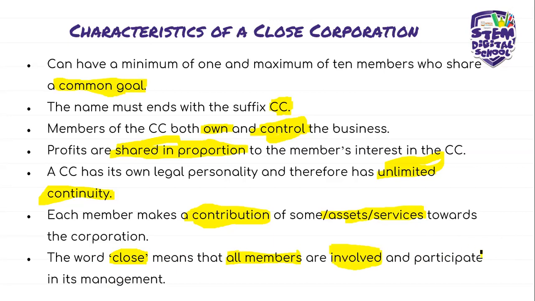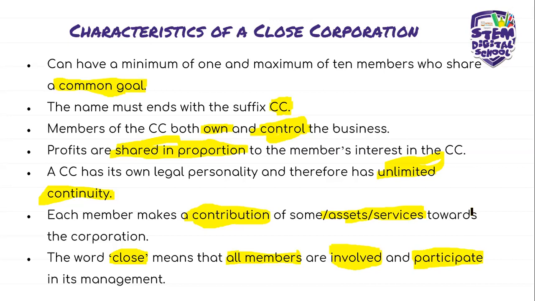All right, boys and girls, this is what we're going through for now. If a question comes and says classify whether this is a close corporation or not, you must know the characteristics of a close corporation before you can do that. Without the characteristics, unfortunately, you won't be able to see what form of ownership it is.